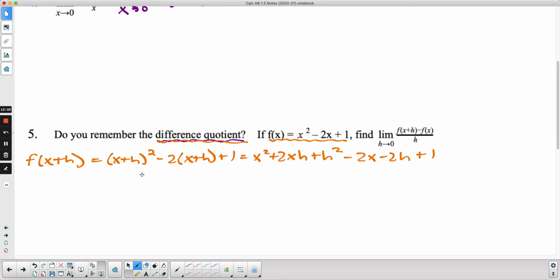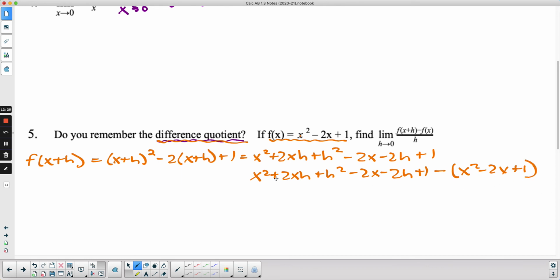All right, then from there we have to subtract f of x. So our f of x plus h minus f of x. f of x is x squared minus 2x plus 1. Let's subtract that then.